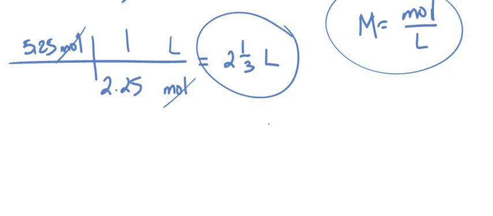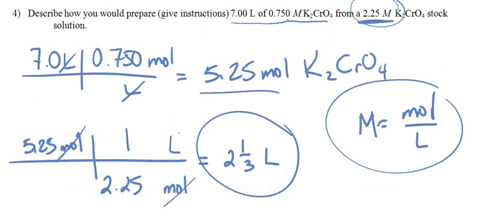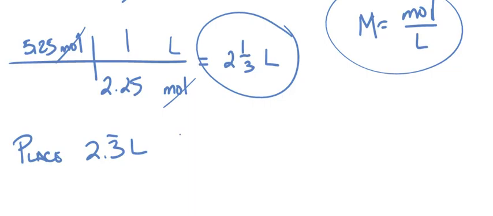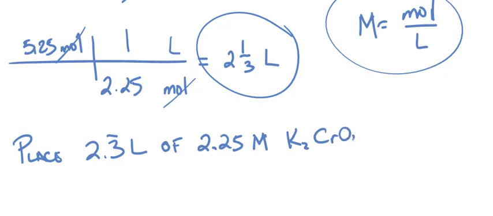All right. So here we go. We are going to place 2 1/3 liters of a 2.25 molar solution of potassium chromate in a flask.